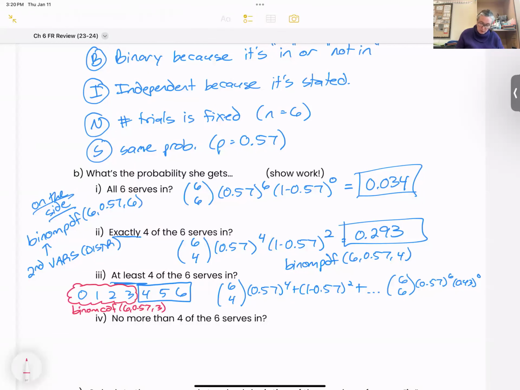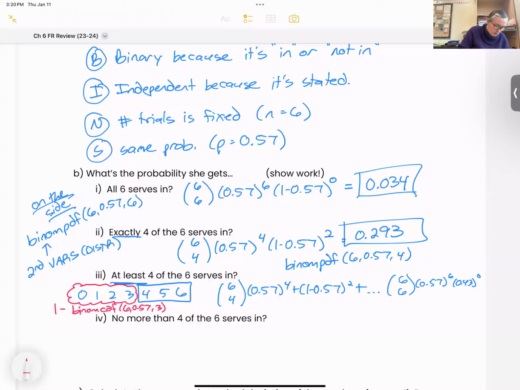So all the ones I don't want. And then I'm going to go 1 minus that to get all the ones I do want. So that's going to be my trick. You could do PDF of all three values and add it up as well. That also totally works. It just takes a little bit longer, but who cares?